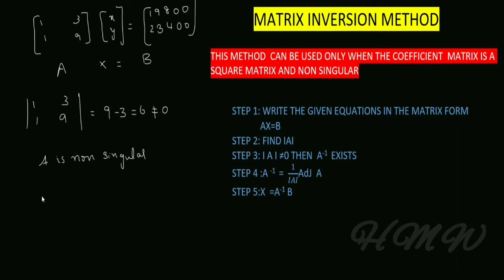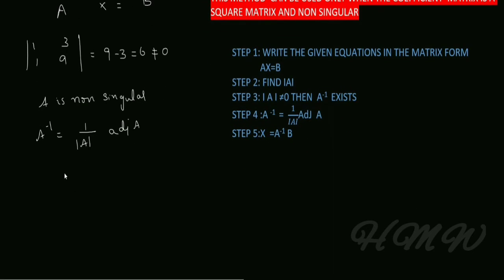In the matrix inversion method, first we have to find A inverse. A inverse is 1 by determinant of A into adjoint of A. We already found the determinant of A, so that is 1 by 6.